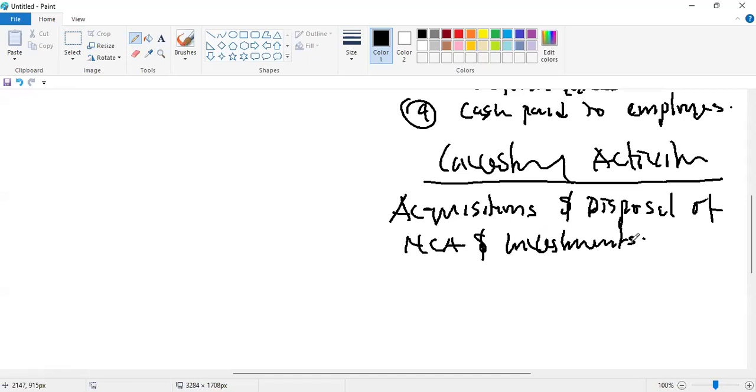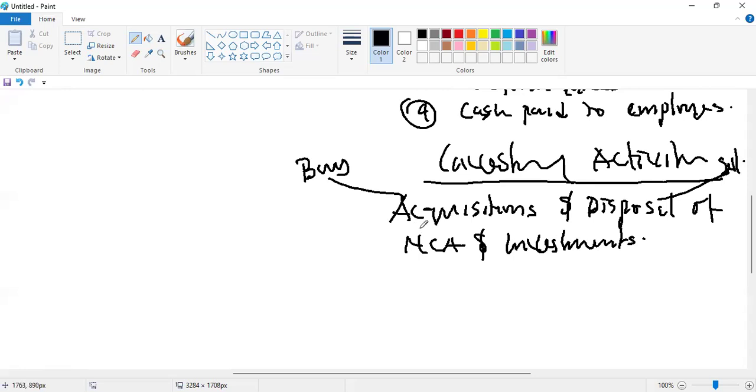But in English, what is acquisition? Acquisition is buy. What is disposal? Disposal is sell. Don't forget, what we always do in investing is buy and sell.